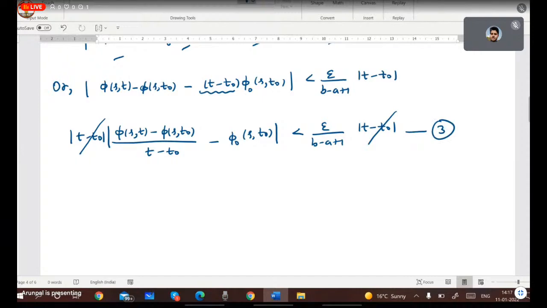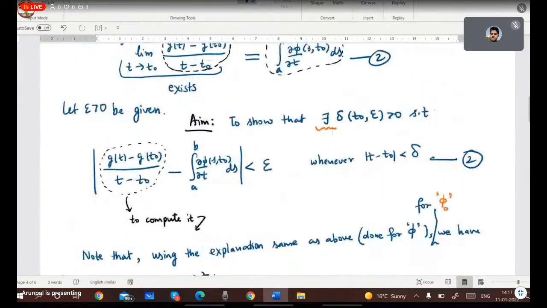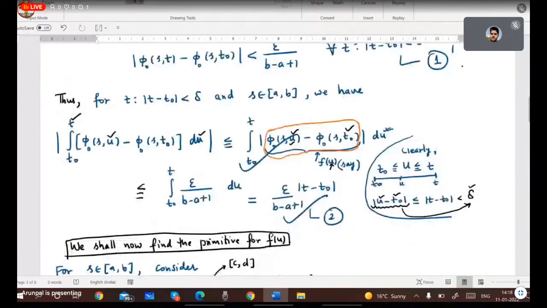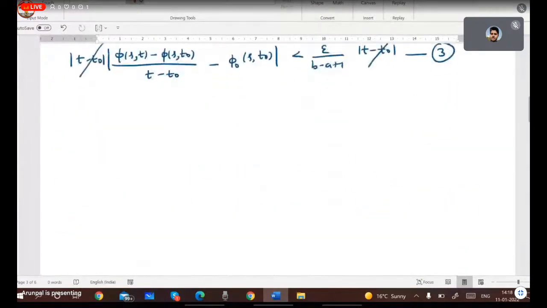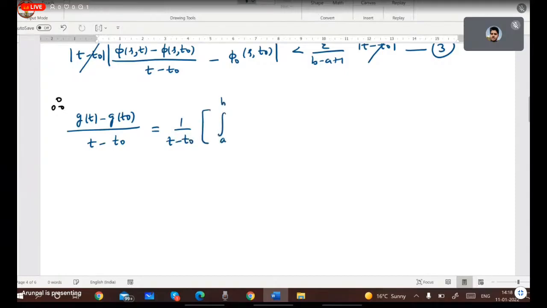So now class, we are almost done. What was our intention? Our intention was to compute this. All this exercise I have done to compute this expression. See how. Therefore, I can say that g of t minus g of t naught divided by t minus t naught is equal to 1 upon t minus t naught, and let us put the value of g of t. This is how g of t is defined, it is already given to us.